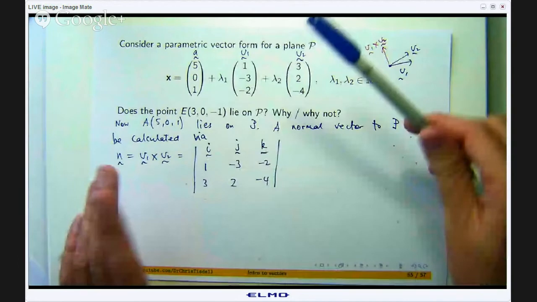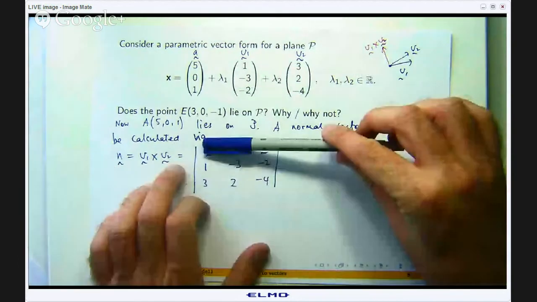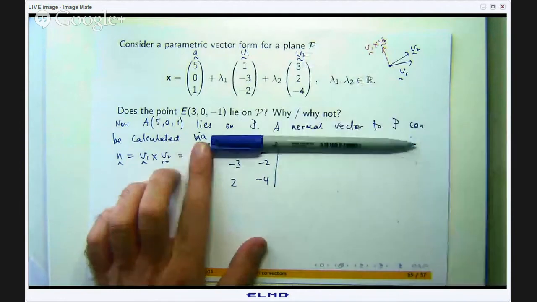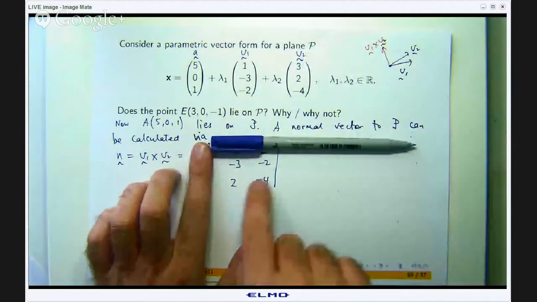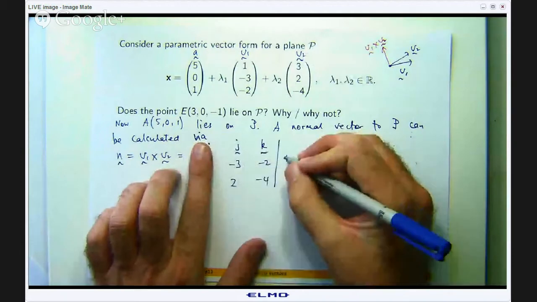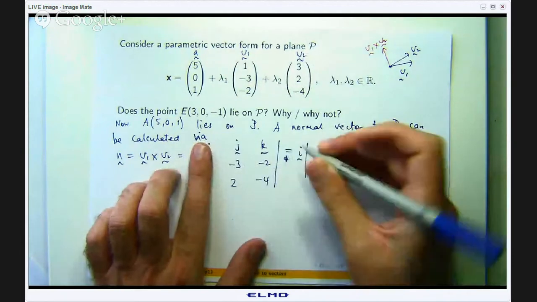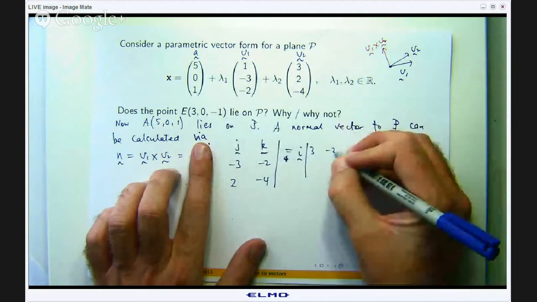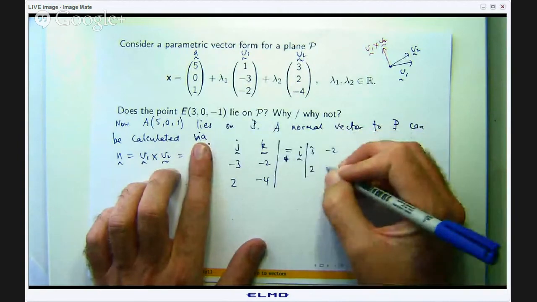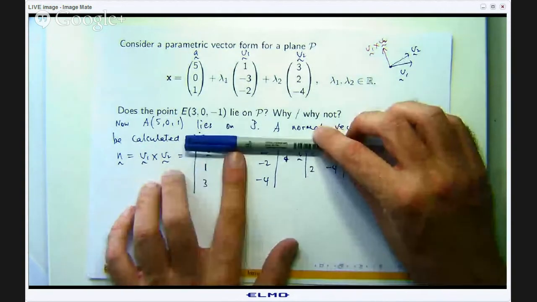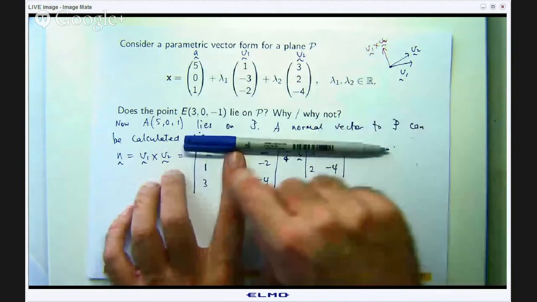Okay, so with a 3x3 determinant, you start up here and you work your way across the top row. The first step is to cover up the row and column that i is in and multiply by the determinant of what's left. So it's going to be 3, -2, 2, -4. Okay, move on to the j. Cover up the column and the row that j is in, and you multiply j by the determinant of what's left.